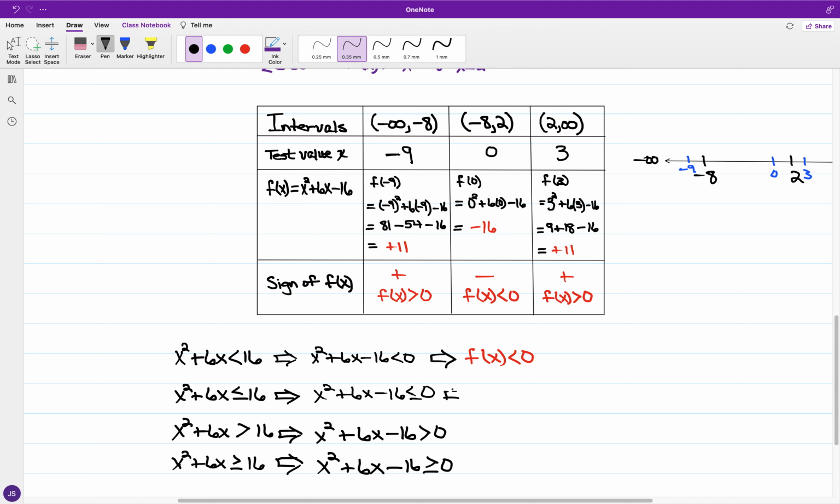Third statement, we have in reference to f of x is less than or equal to 0. And just changing directions, where we have f of x is greater than 0, and where we have f of x is greater than or equal to 0.